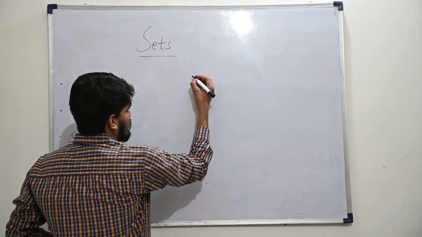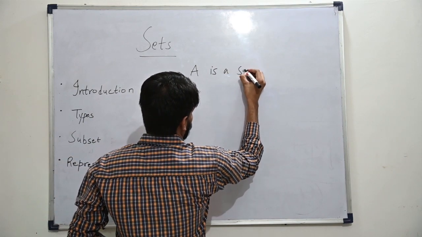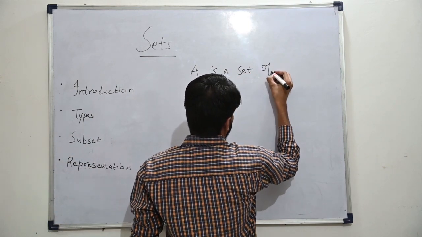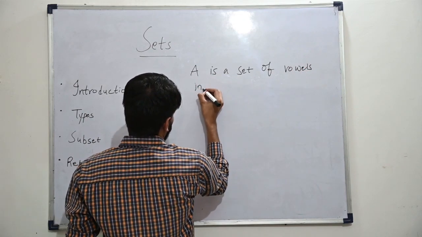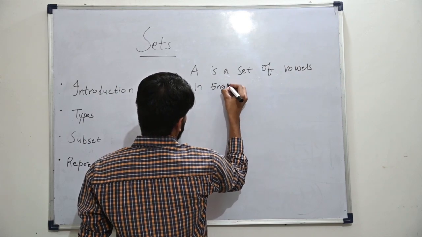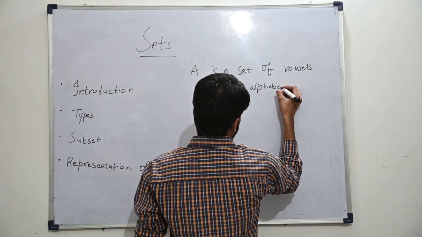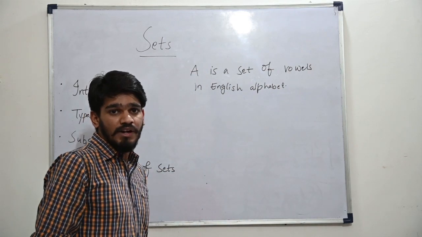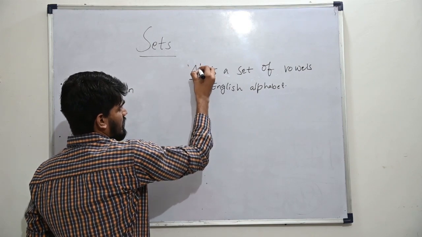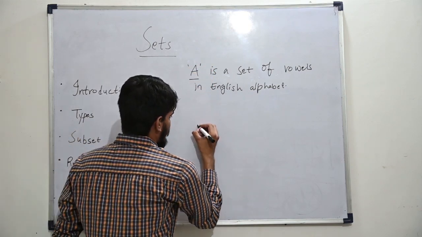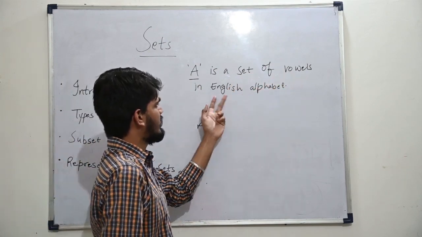Let's say A is a set of vowels in English alphabet. First of all, when we are going to write a set, we represent it with a capital letter, example, A here. And first of all, what are vowels in English alphabet?